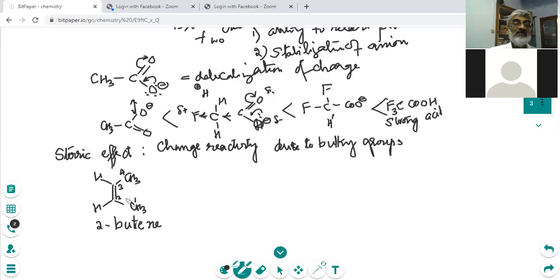So this is cis, and you can see here the CH3 groups are on the same side of the double bond. So you will call it cis. You have a corresponding molecule, a trans molecule, CH3 and CH3.